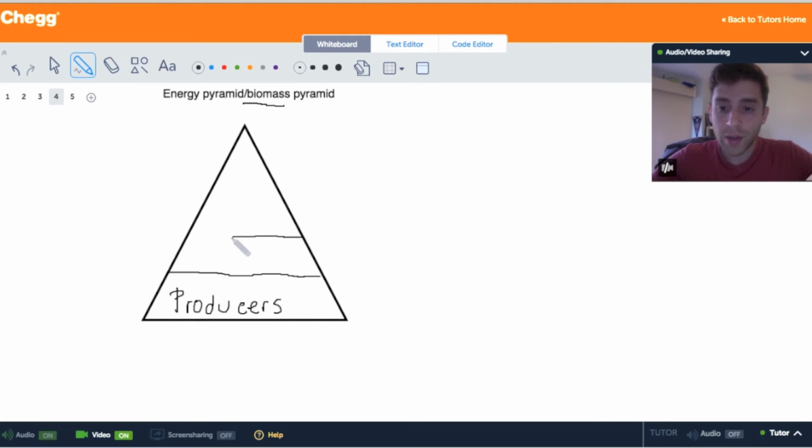They pass along their energy to the type of animals that eat them. So the herbivores or primary consumers. And then the secondary consumers eat them.